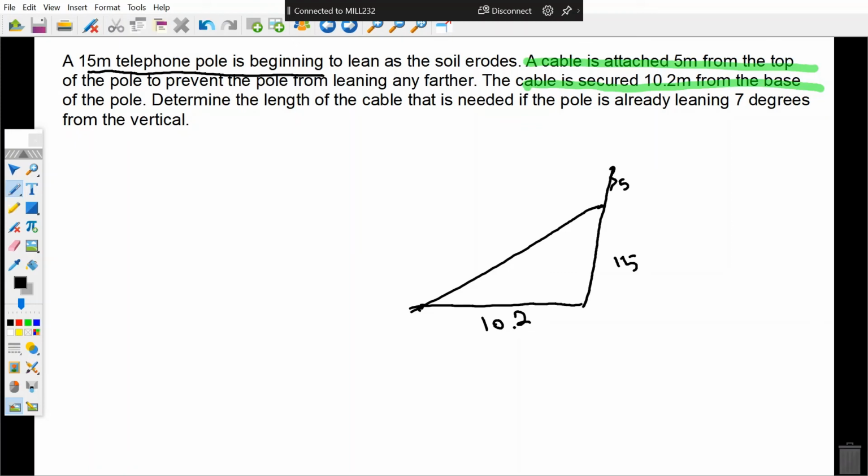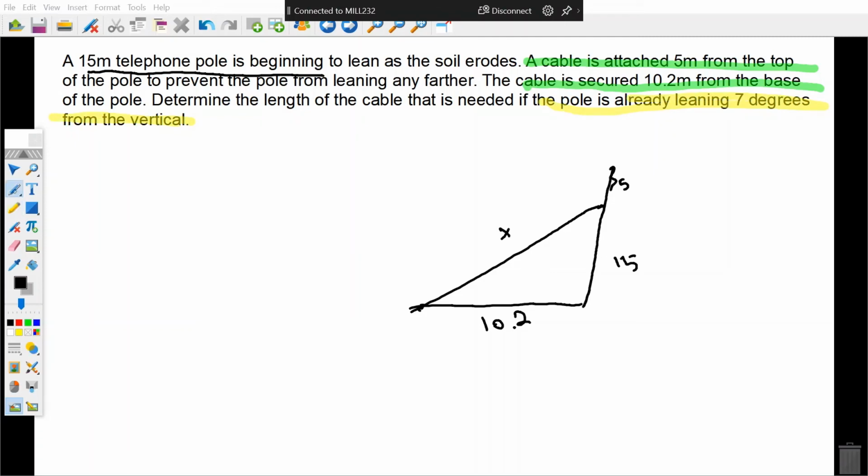The question wants us to find out what is the length of this cable. Now, the last thing we need is that we don't have any angles at this time, right? And we're going to need an angle if we're going to find that side length. So we are told that the pole is already leaning 7 degrees from the vertical.